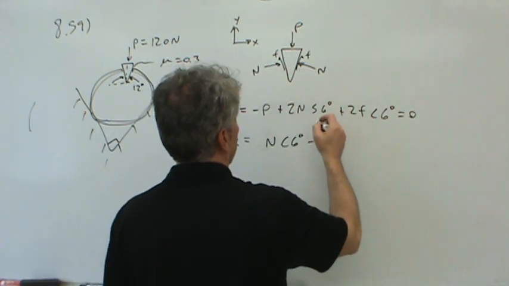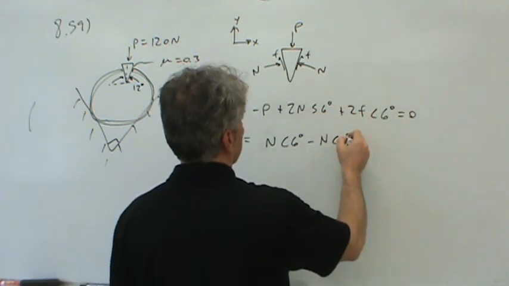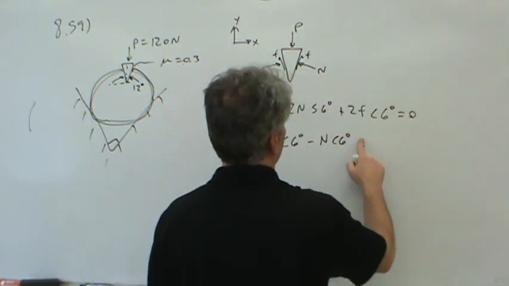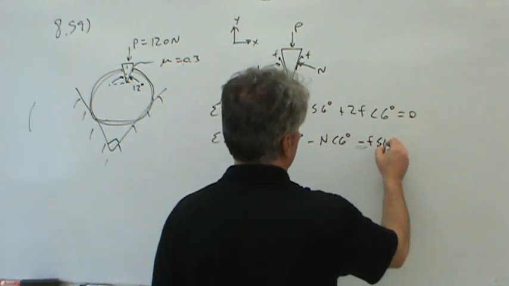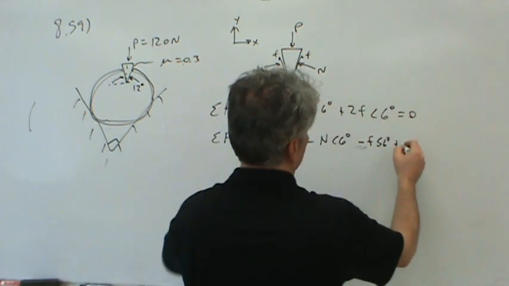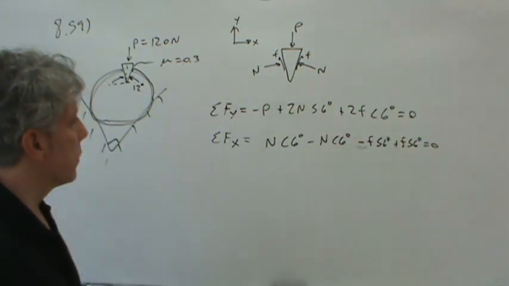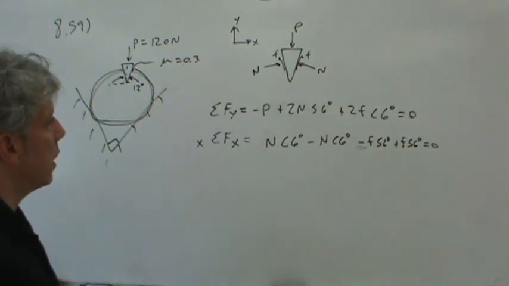N multiplied by, still cosine of 6 degrees. The same thing's going to happen with the friction, because we're going to have minus for this side, minus the friction multiplied by sine of 6 degrees, plus on this side, friction sine of 6 degrees. So this doesn't really help us at all, right? So this equation is not really all that useful, I'm afraid. Let's see.